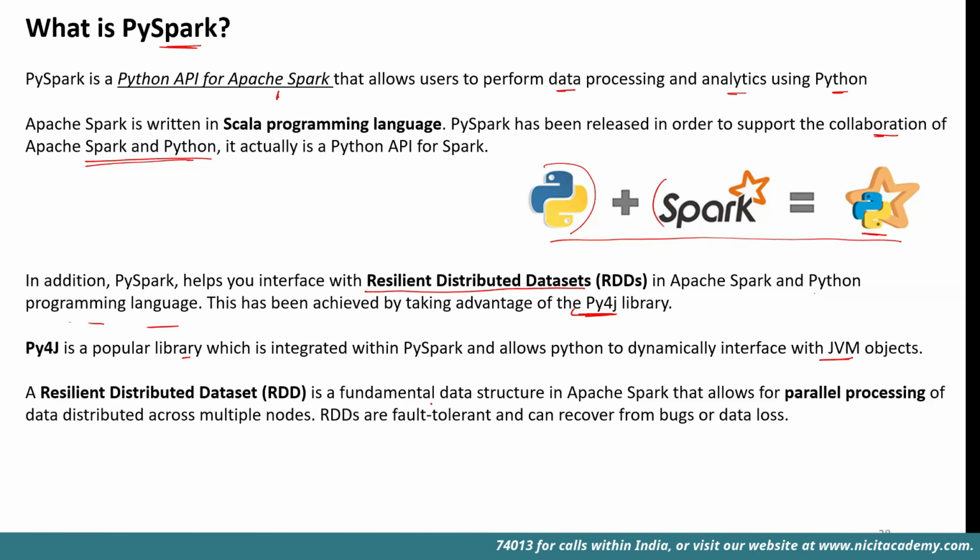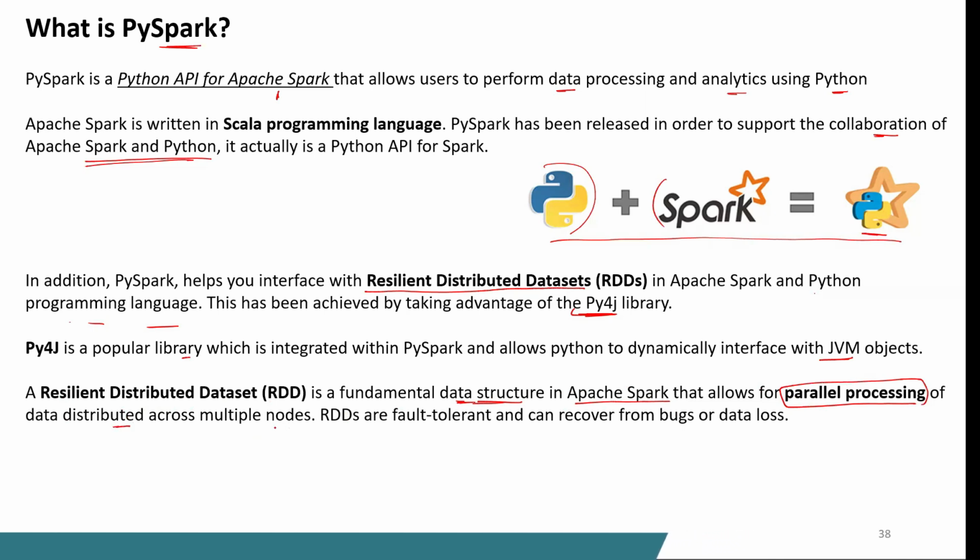And what is a resilient distributed dataset? RDD is the fundamental data structure in Apache Spark. It is a data structure used in Apache Spark that allows for parallel processing. RDD helps us process data in parallel, distributed across multiple nodes.